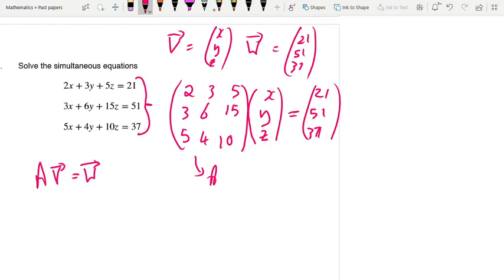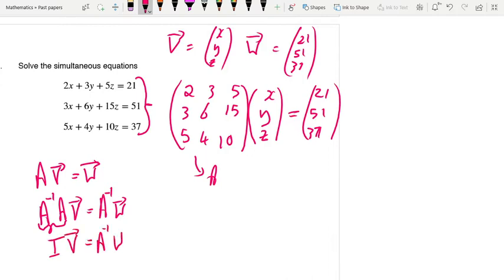So basically, if we multiply both sides by the inverse, we get the following. The A inverse and A combine and form the identity matrix, so that is equal to A inverse w.